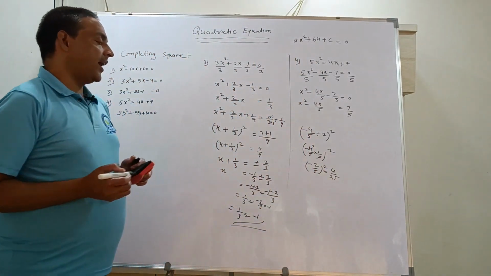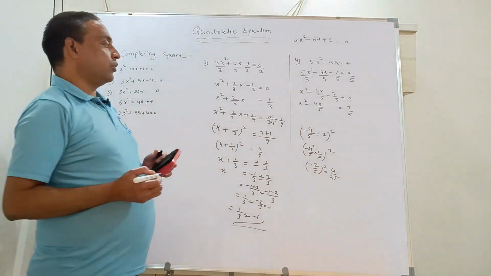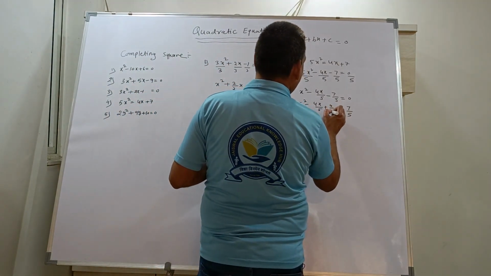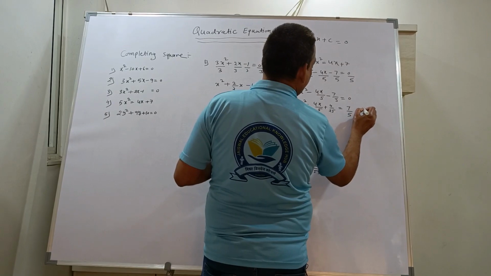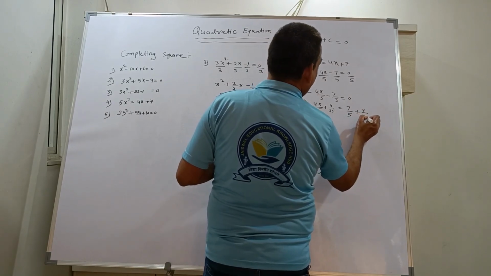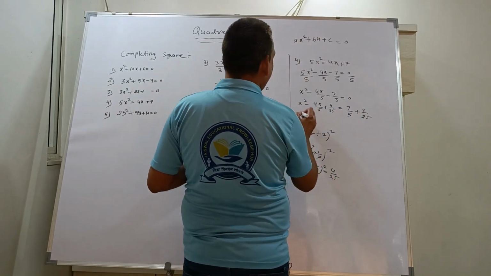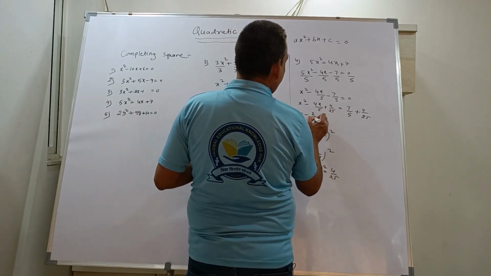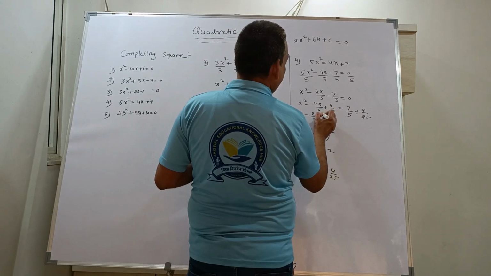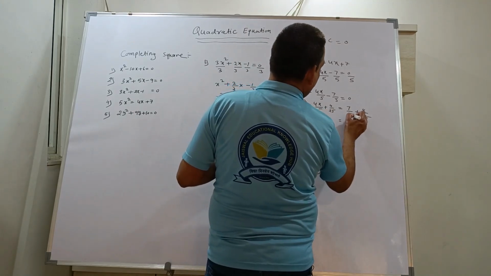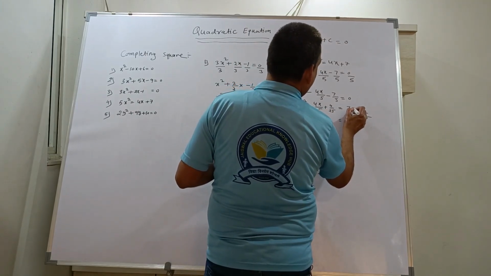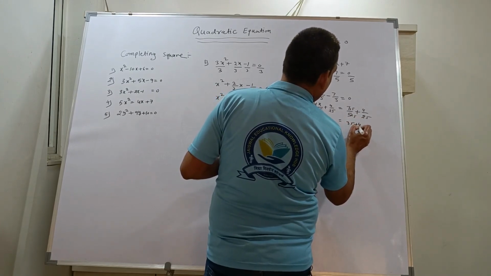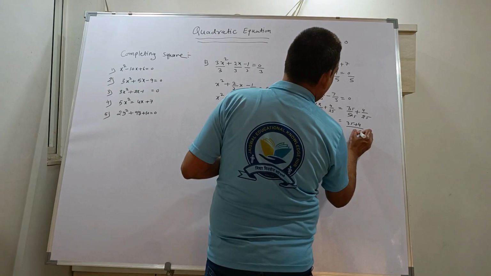So we have to add 4 upon 25 on both sides. So plus 4 upon 25, plus 4 upon 25. So here we have x minus 2 upon 5 the whole square is equal to, multiplying 5 into 5, so 7 fives are 35, plus 4 upon 25.